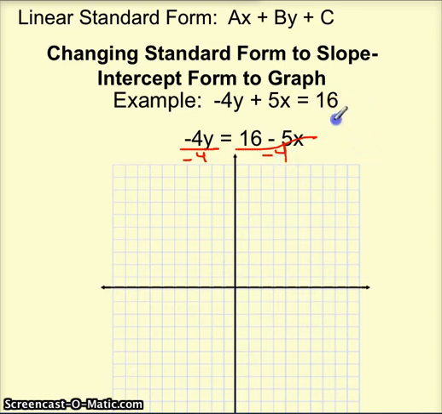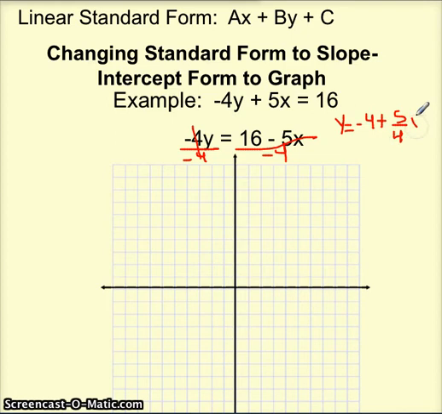Okay. Now I get y equals, this cancels out, 16 divided by negative 4, positive divided by a negative is negative 4. And negative 5x divided by negative 4, well, a negative divided by a negative, I have to remember, is positive. And then 5 over 4, which is a simplified improper fraction, so I can leave it just like that.